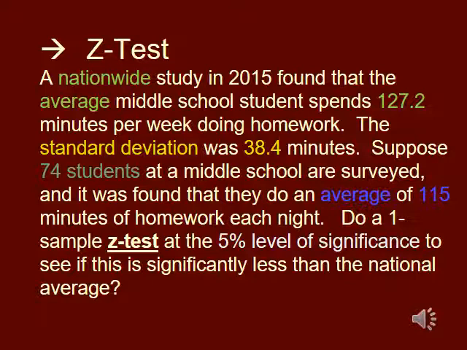First thing it tells us is we had a nationwide average of 127.2. And then we have a standard deviation of 38.4. They surveyed 74 students and they found an average of 115 minutes. And we're supposed to do a z-test at 5% level of significance.